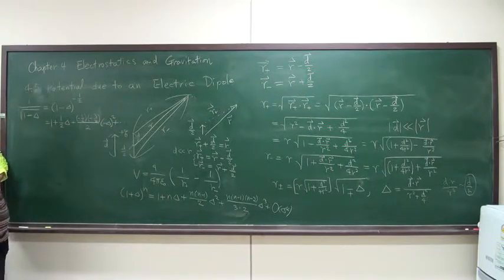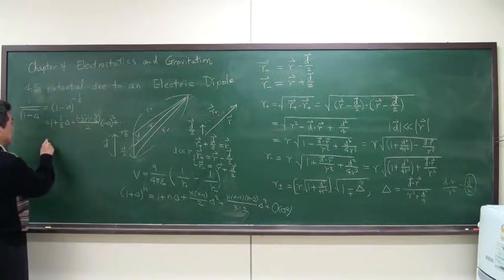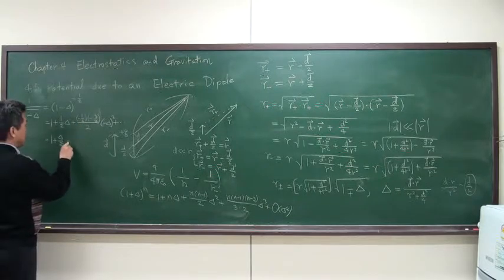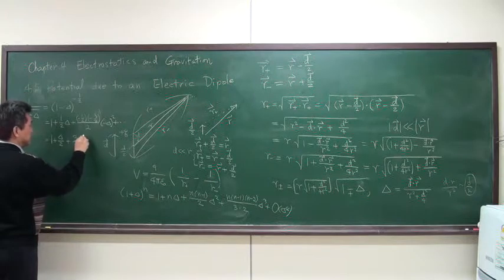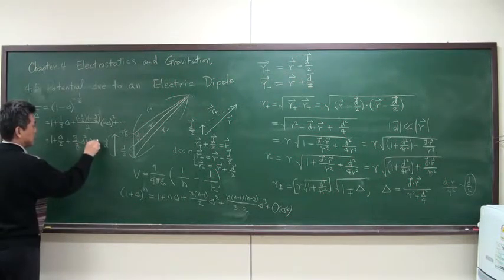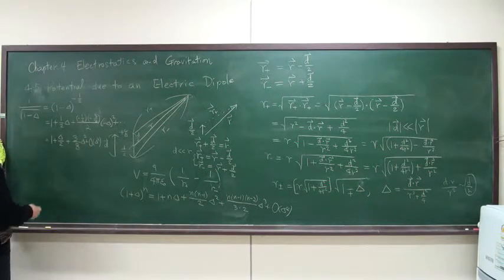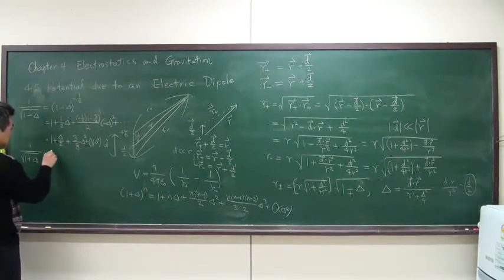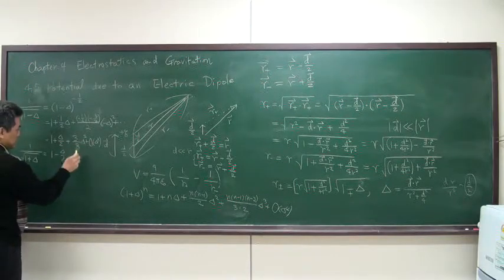Okay, so the answer is I have 1 plus half delta, and it becomes positive 3/8 delta squared plus order delta cubed. Then I have 1 plus, replacing delta by minus delta, then I have minus half delta. They are the same.